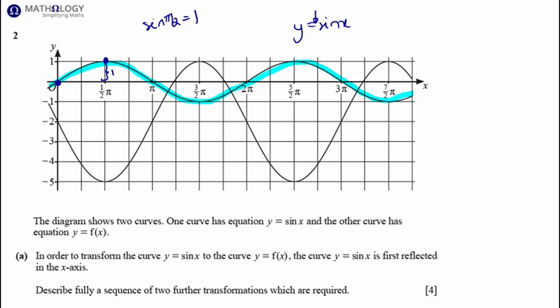Sin pi by 2 equals 1. So that's how we identify that this function is y equals sin x, which we're going to call f of x, so that we can then describe the transformations that give us y equals f of x. So y equals f of x is obviously the other function.